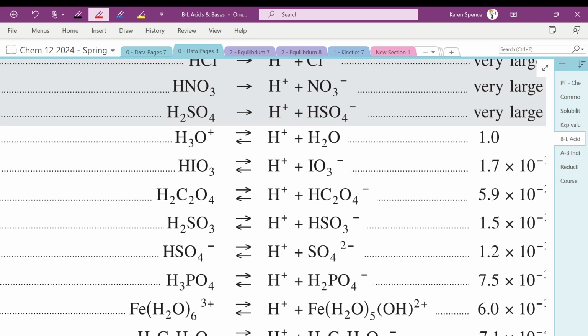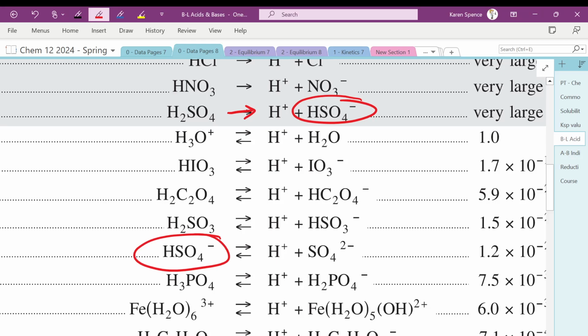Now it actually shows up in 2 places. It shows up over here. Am I interested in that one? No, why not? Because it is too weak to act as a base. It cannot accept protons because the arrow only goes that way. So I have to be interested in the other one, which is here.